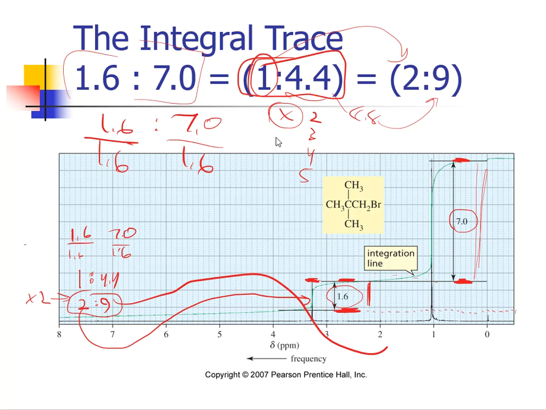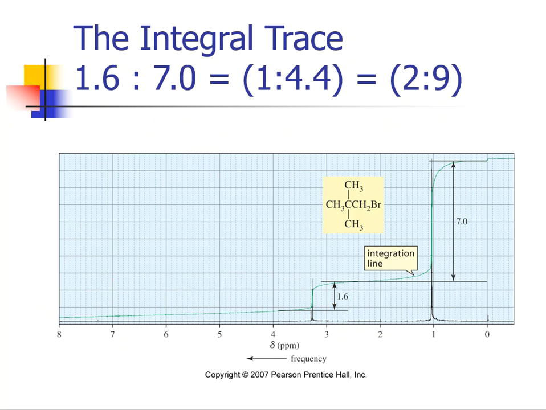And this signal probably represents 9 hydrogens. Okay, does that make sense? Yeah, it does. Here's why. This first signal that's coming from here is the most shielded out of the bunch.